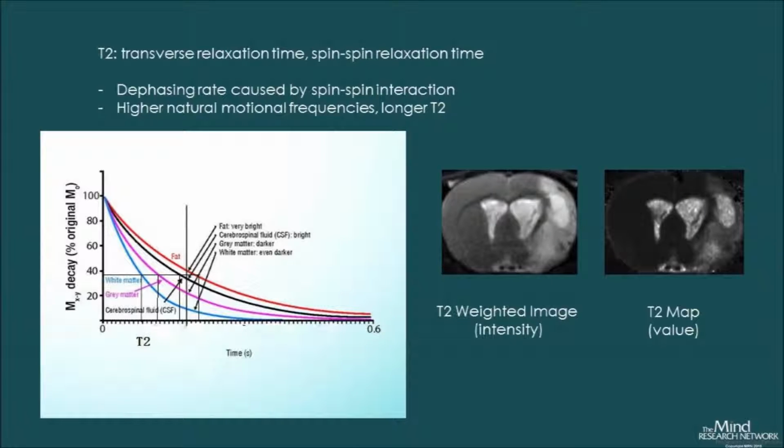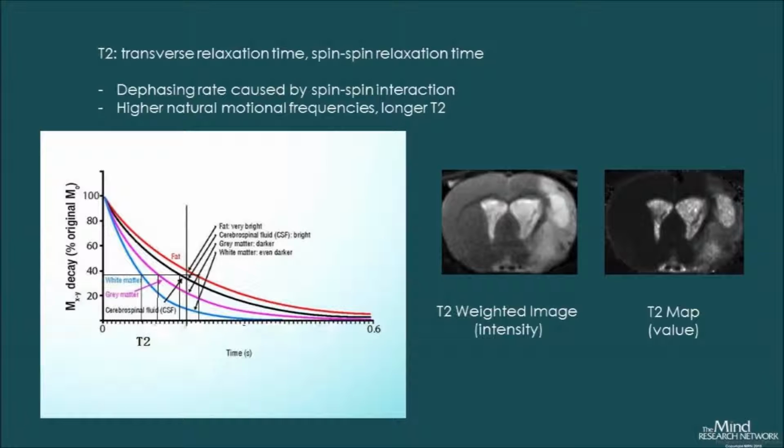T2 is the transverse relaxation time, or spin-spin relaxation time. It reflects the dephasing rate caused by spin-spin interaction. Usually, the higher the natural motion frequency of the proton, the longer the T2. So here is the T2 decay curve.